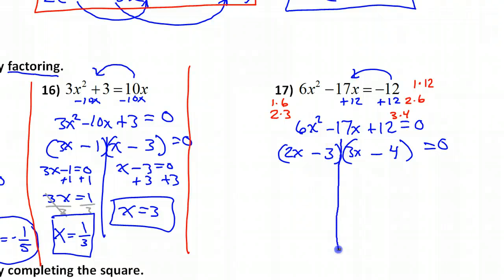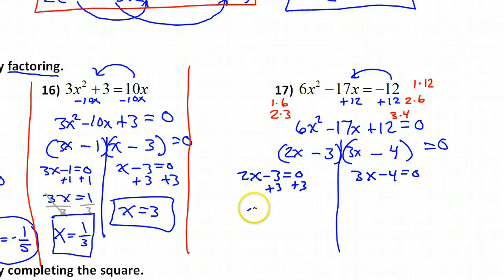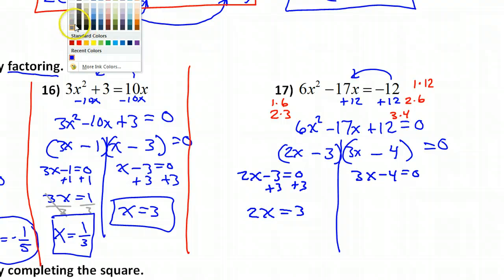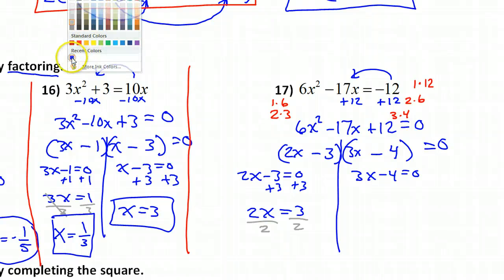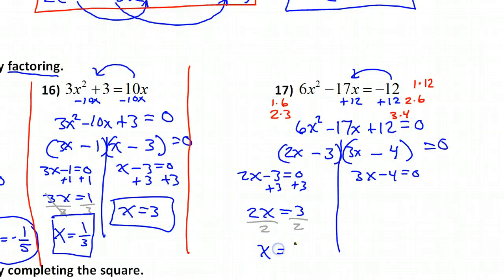So I go ahead and set these equal to 0. So I do 2x minus 3 equals 0, and 3x minus 4 equals 0. Adding 3 to both sides, I get 2x equals 3. All right, then if I divide by 2, then I get x equals 3 over 2.